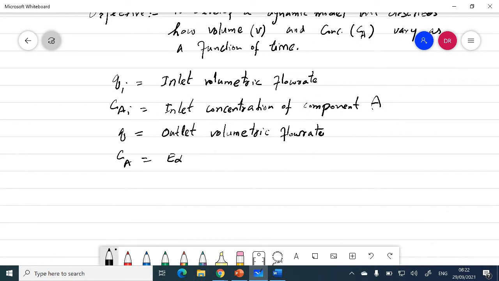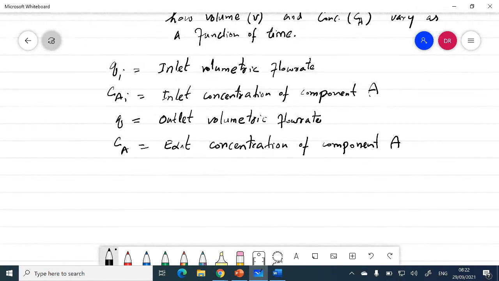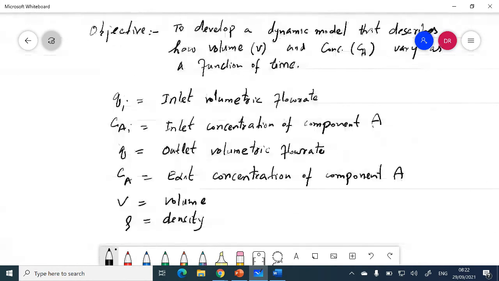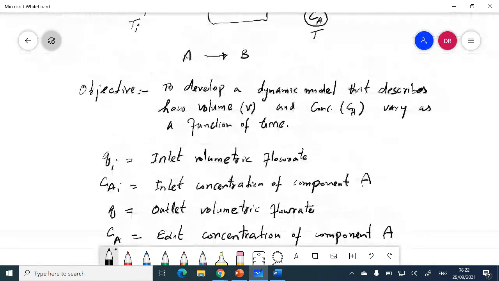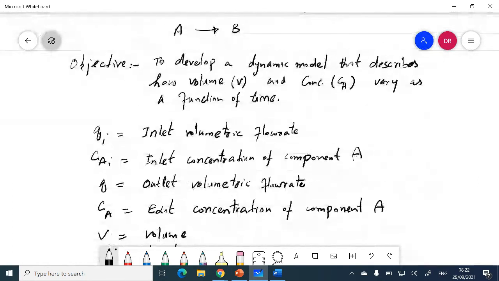CA is the exit concentration of component A. Okay, and we also have the volume. This is the volume of reactor, and we have the rho, that is the density. So these are the symbols that we will use in our dynamic model.